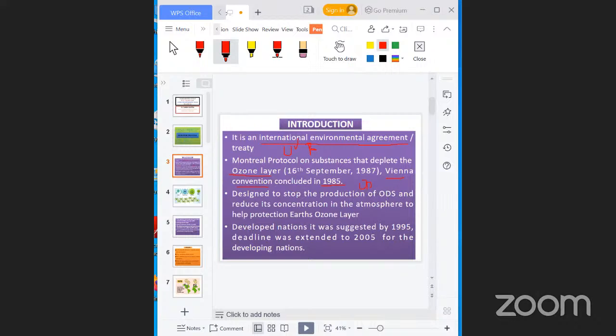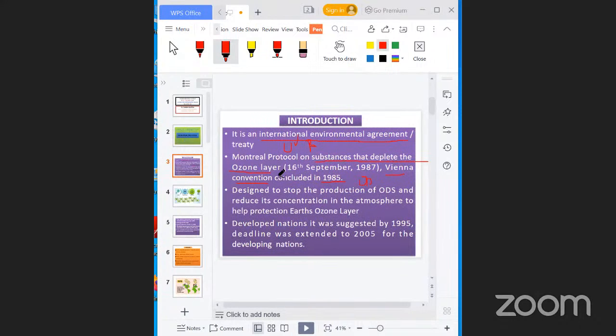Considering the Vienna Convention, the Montreal Protocol came into force, and it was mainly focused on substances that deplete the ozone layer. This was signed on 16th September 1987, and it entered into force on 1st January 1989.